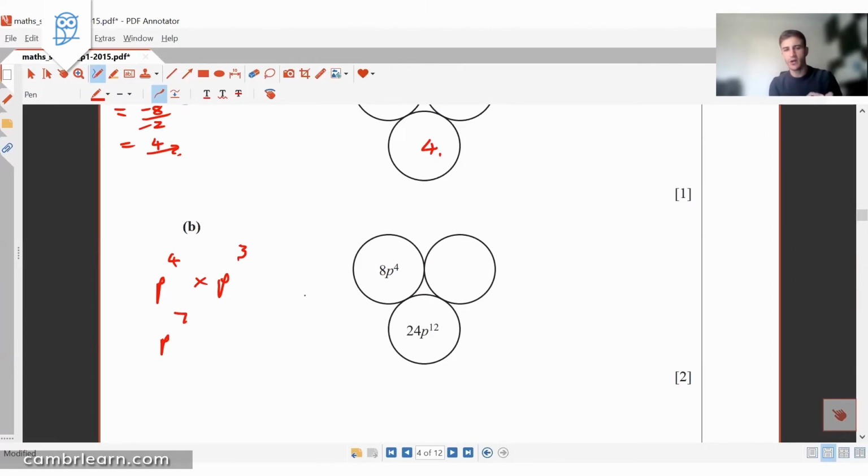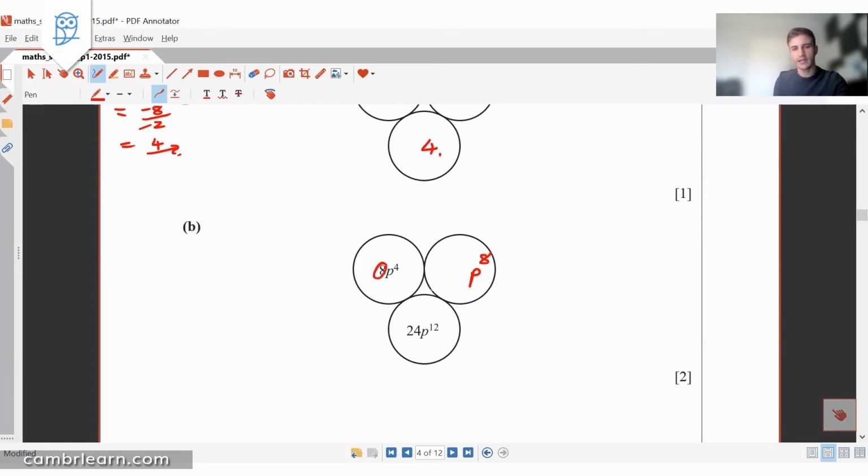Okay, so if we multiply the same bases with indices, we have to add the indices. Okay, so how did we get from p to the 4 to p to the 12? Okay, so we had to add 8, which means that we had to multiply with p to the power of 8. Okay, and that makes sense. So that one is easy. So to get to p to the 12, we have to multiply with p to the power of 8.